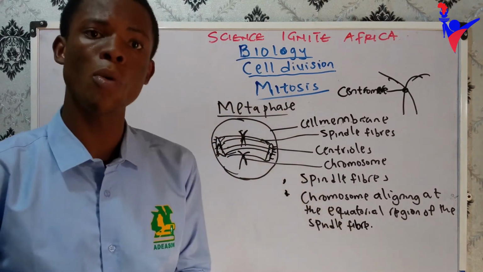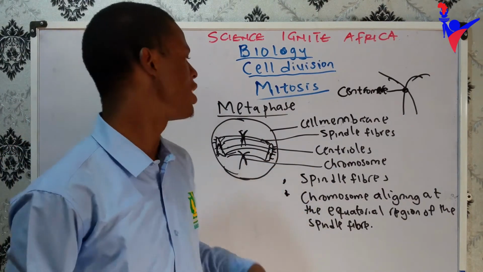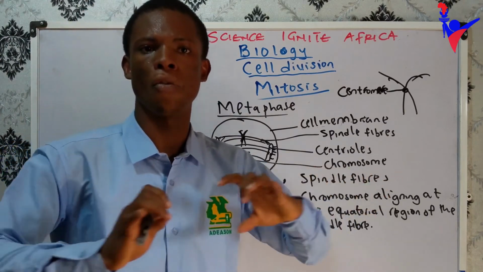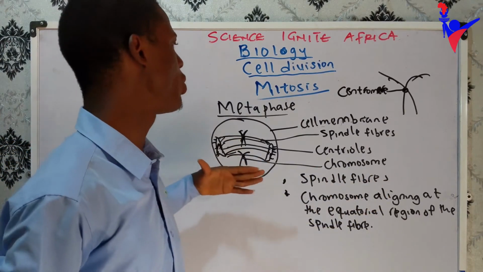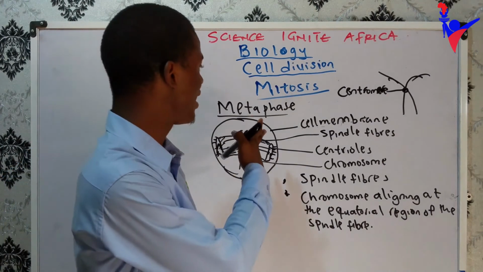So when you have the chromosomes aligning at the equatorial region of the spindle fiber, and the formation of spindle fibers, just know that you are at the metaphase stage of any mitotic division.